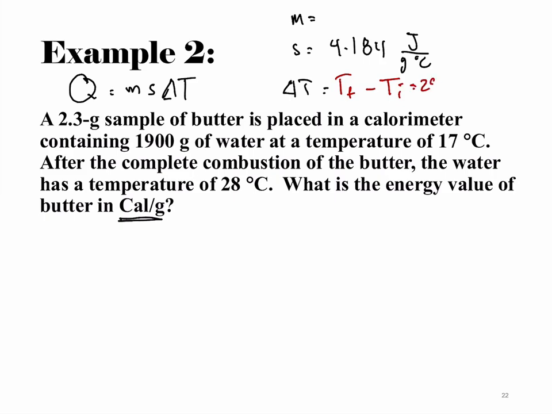We have 28 degrees Celsius minus 17 degrees Celsius equals 11 degrees Celsius. All right, so the energy value of butter is going to be equal to the energy absorbed by what?